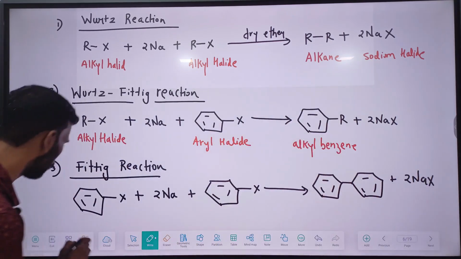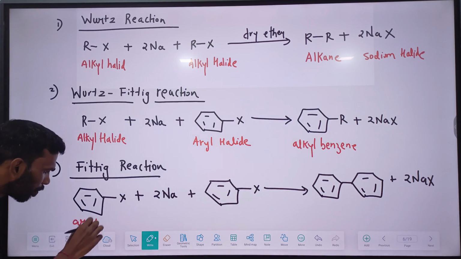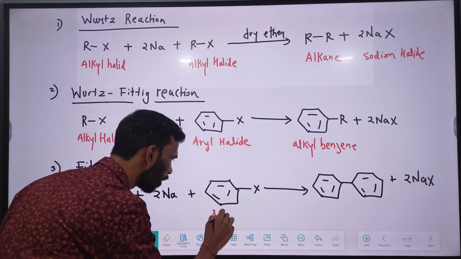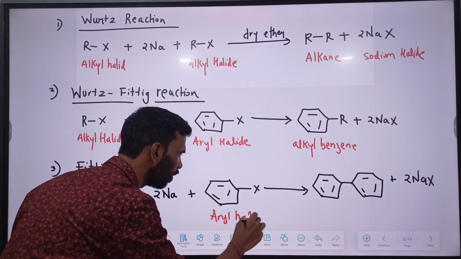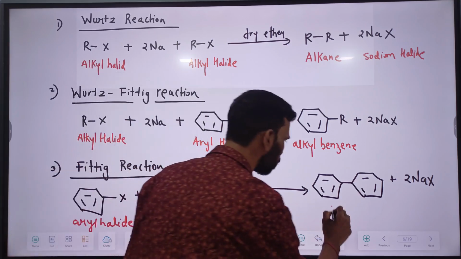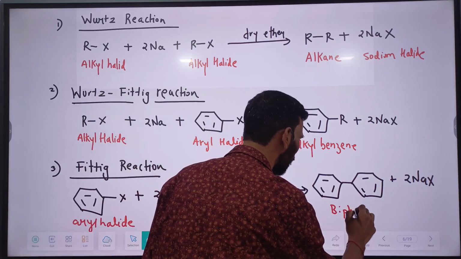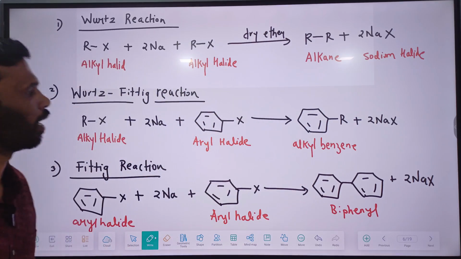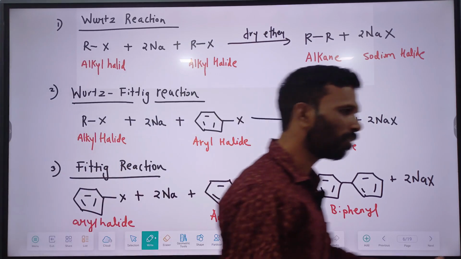This is your aryl halide, this is also aryl halide. Here the product is very specific, that is biphenyl. You will always get biphenyl only over here. This can be variable, the alkane, alkyl benzene. So these are the 3 reactions.